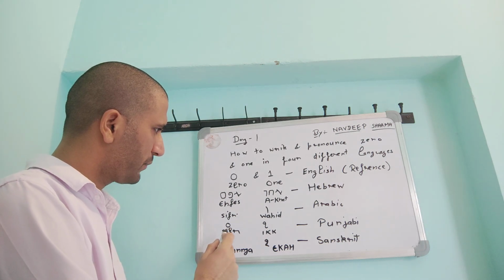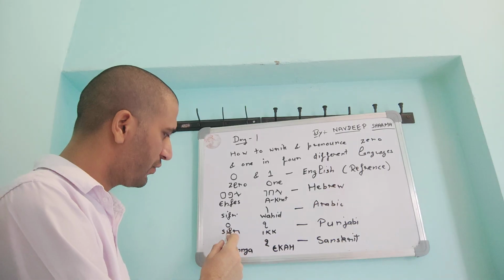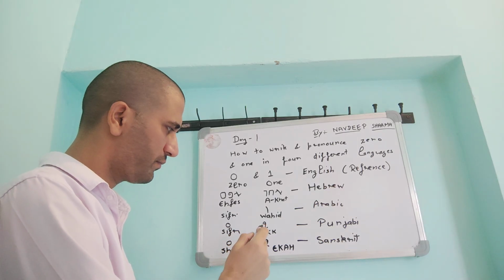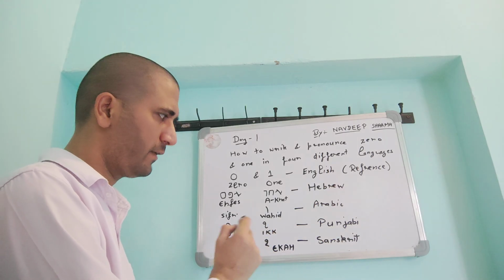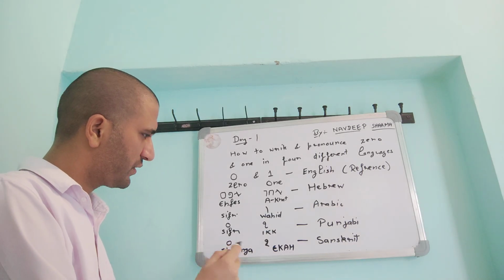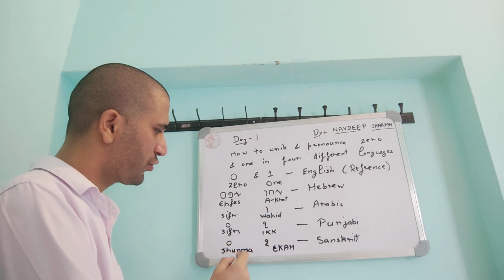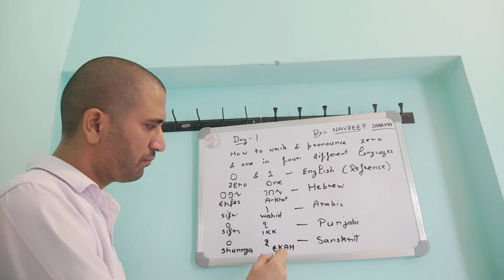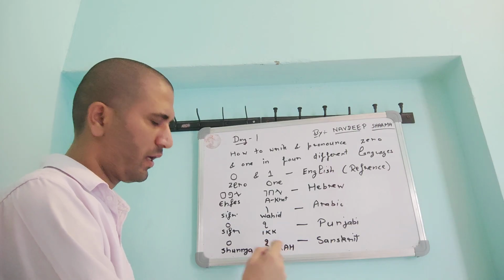And in Punjabi 0 is called as the same Sifr and 1 is called as Ik. And then 0 in Sanskrit is called as Shunya and 1 is called as Eka.